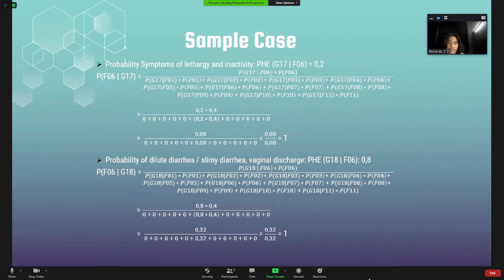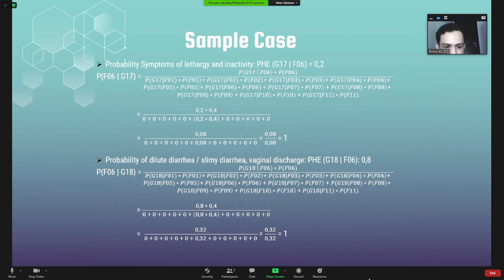Next, we count the second symptom, which is the probability of the symptoms of lethargy and inactivity, PHA, which is G17 and F06.